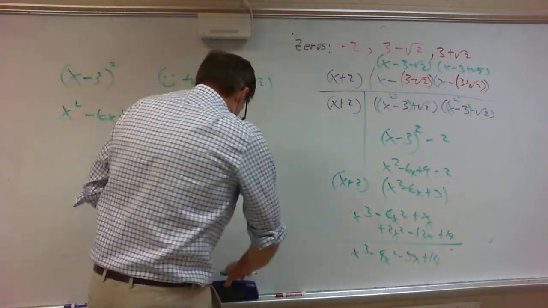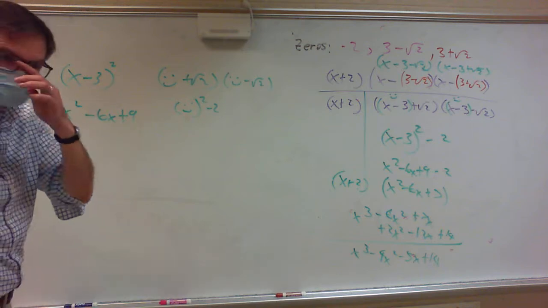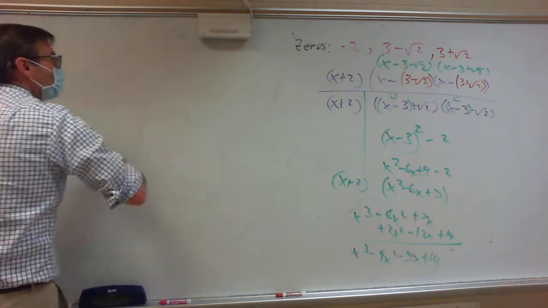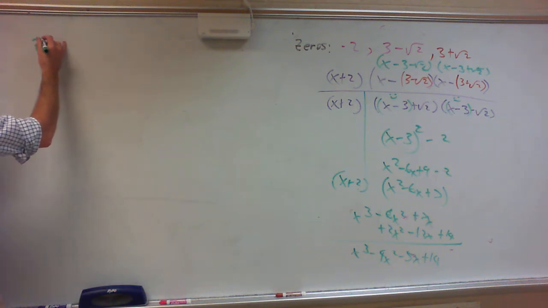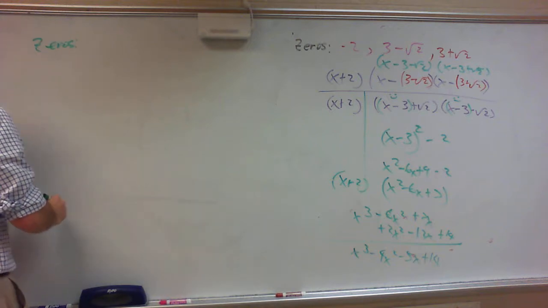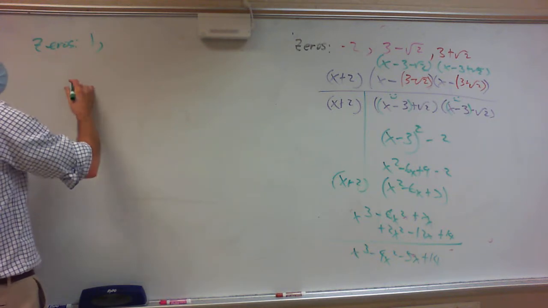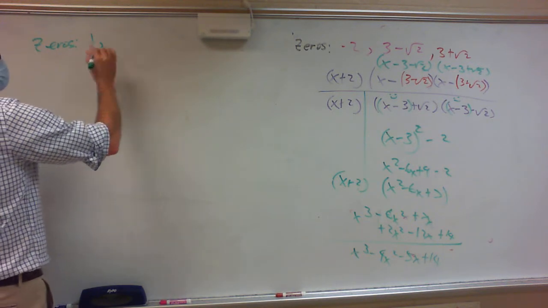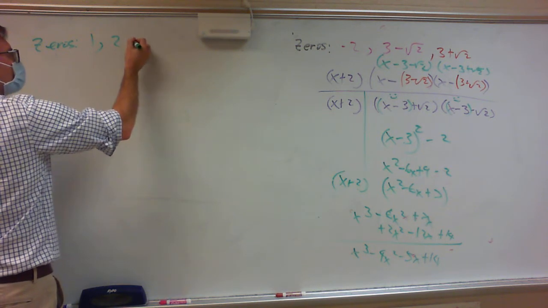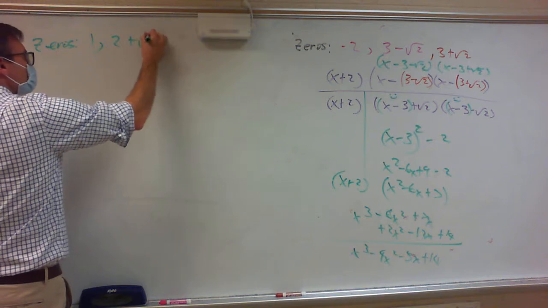Okay. So, let's try that again. So if I give you zeros at 1, and then we'll do 2 plus the square root of 5.